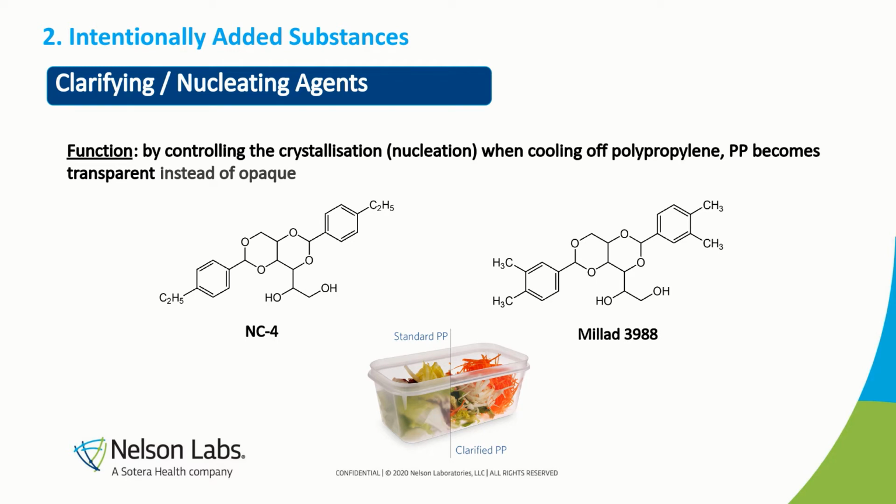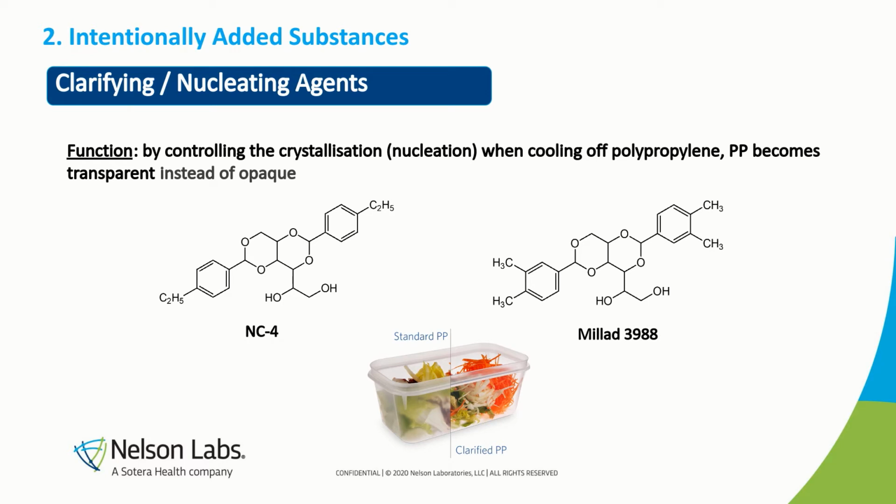So you heat up the polymer, you inject it in a mold, and you allow it to cool off. And during that cooling down process, if you don't have the nucleation under control, the polymer will turn opaque. It will not be transparent.